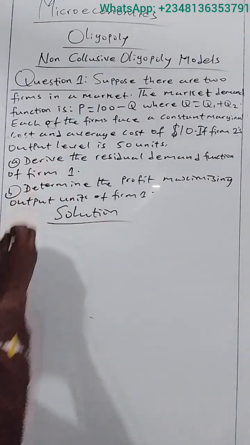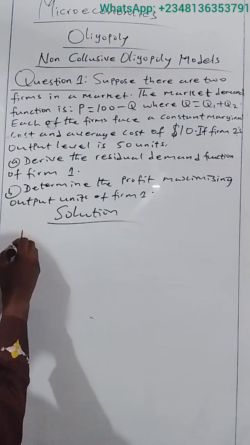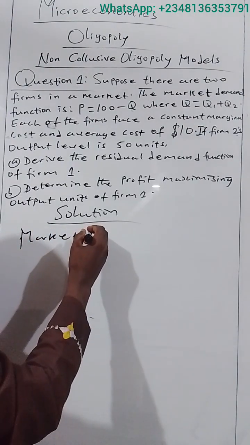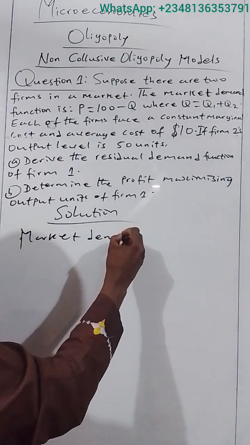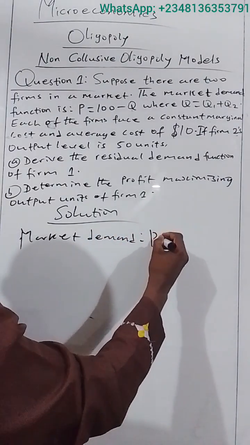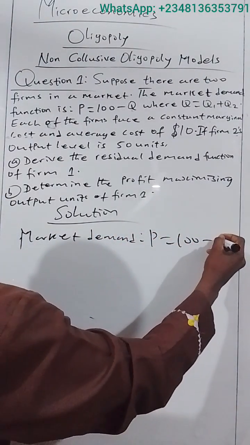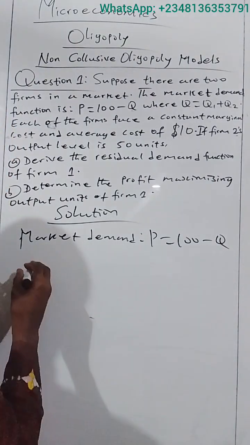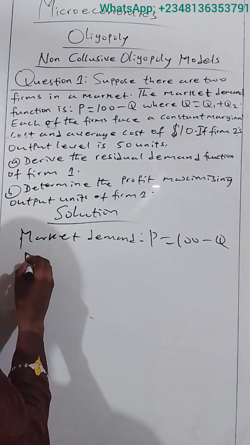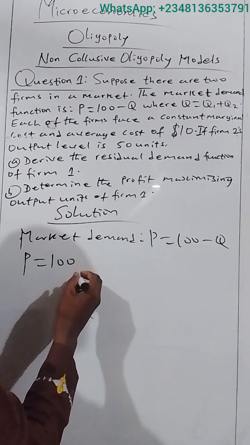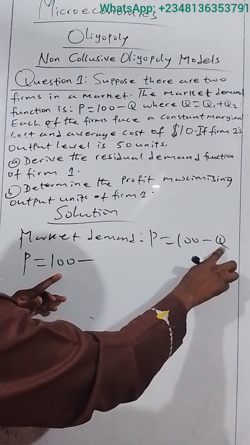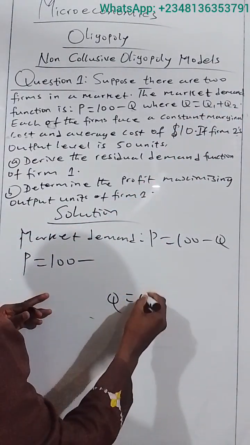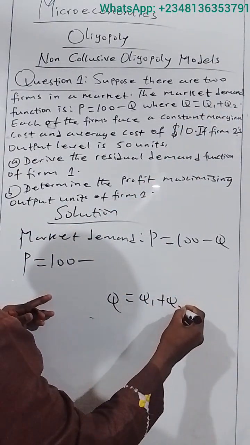So here we have the market demand function. The market demand is P equals 100 minus Q. We can rewrite this market demand function as P equals 100 minus Q, and don't forget, we are told that Q is equal to Q1 plus Q2.